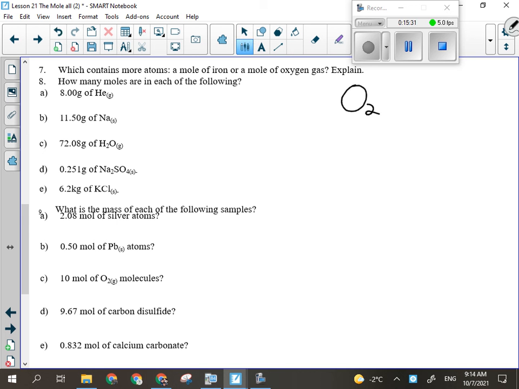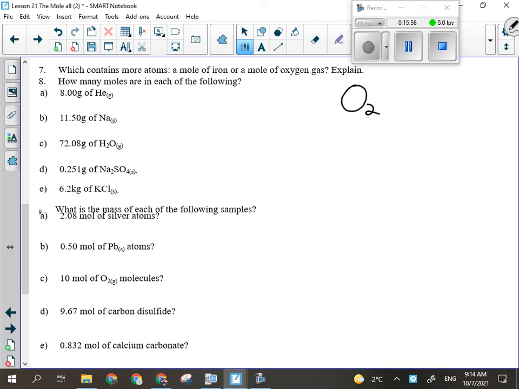So when I have a mole of oxygen gas, I have 6.02 times 10 to the 23 molecules of oxygen gas, which is twice that number of atoms, because there are 2 atoms in each molecule. So all that question is asking is, do you understand the difference between atoms and molecules?